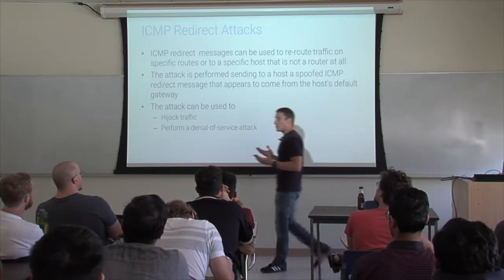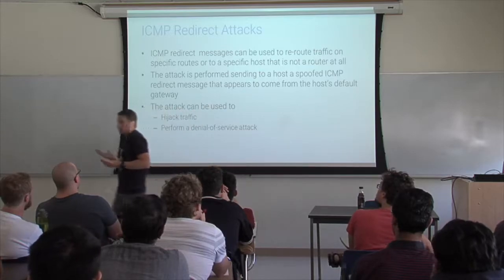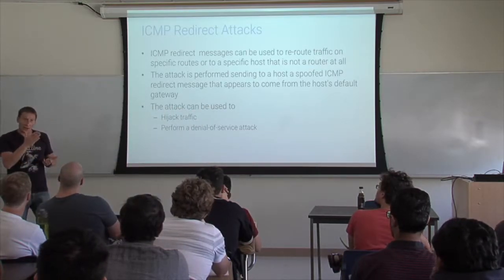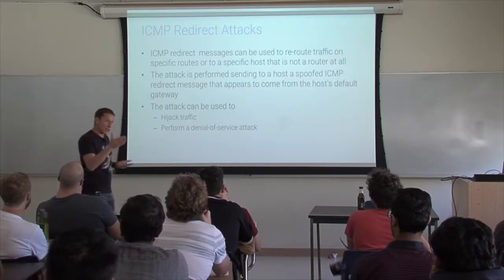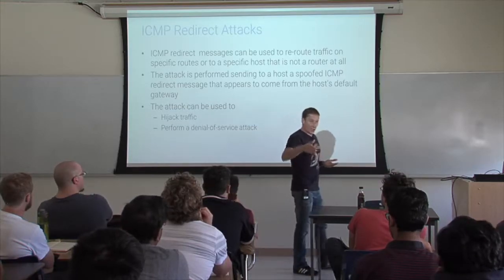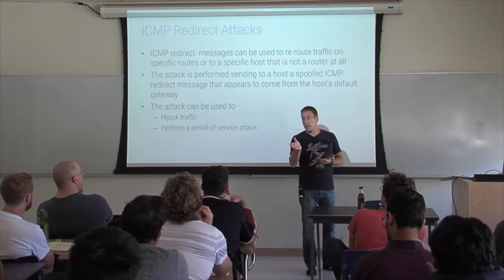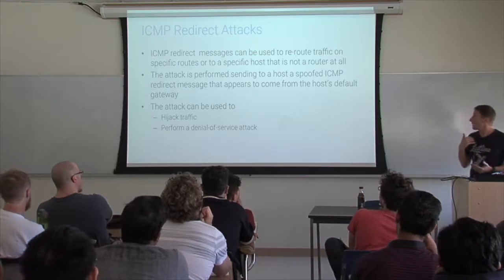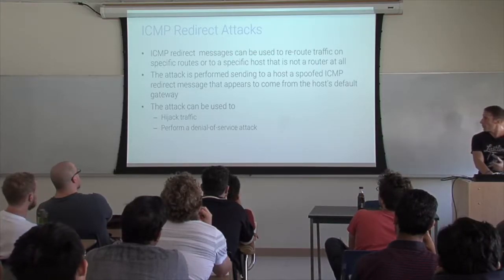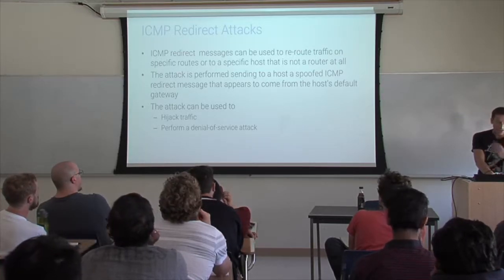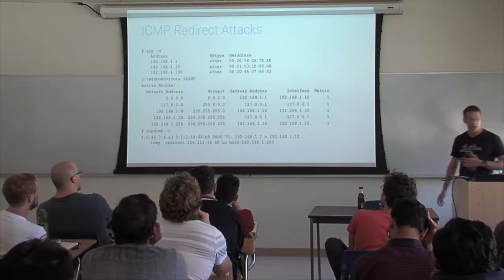And you can pretend to be a gateway by being directly connected to the host. So if you're directly connected to the victim, and you know what the gateway for that victim is, you can spoof a message to the gateway and say, hey, send me the messages. I will route them much better than the other guy. And of course, you can do this to do hijacking or denial of service attacks.